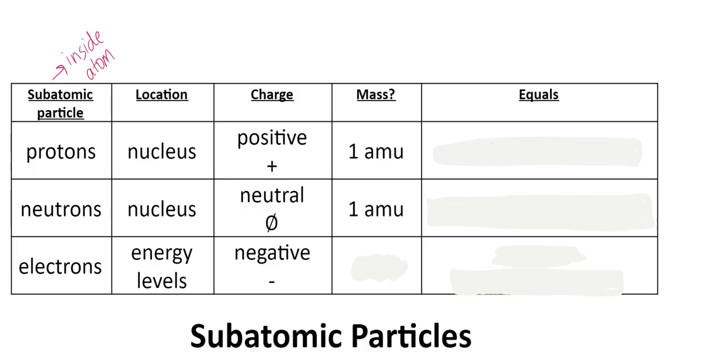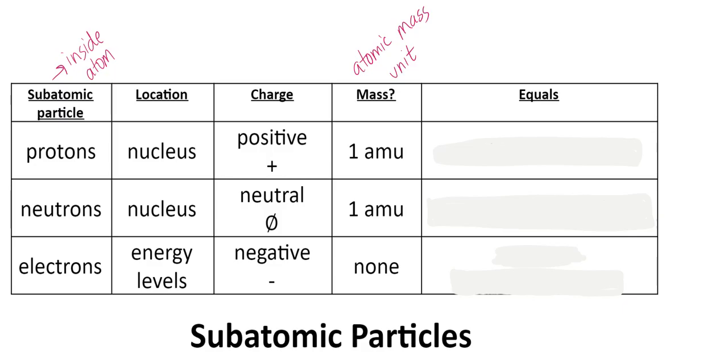And so protons and neutrons both weigh 1 AMU or atomic mass unit. Okay, they just weigh 1 each, and basically that's just a super teeny tiny way to measure mass, way smaller than a gram. Electrons are a little different. They are so tiny that they don't even have any mass at all. It's just teeny tiny compared to the protons and the neutrons.